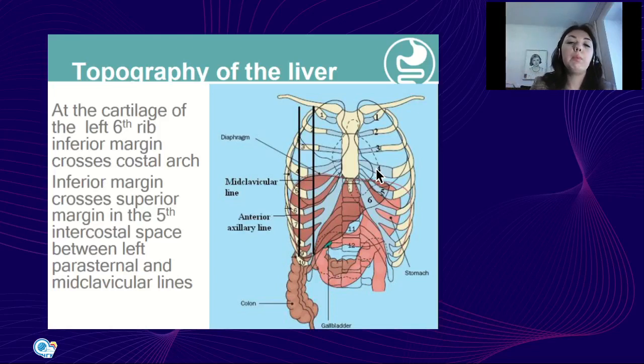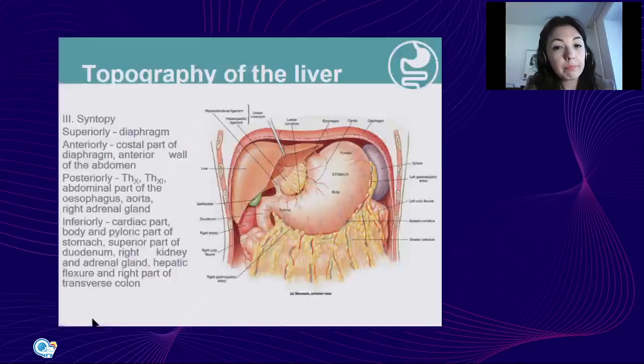In normasthenic people, certainly, depression of the inferior margin of the liver below the right costal arch allows us to suspect a pathology of the liver.